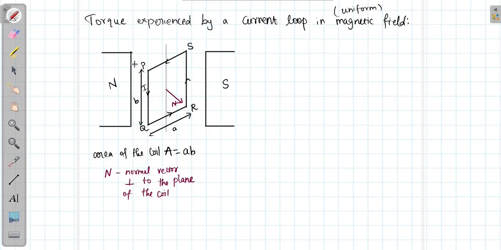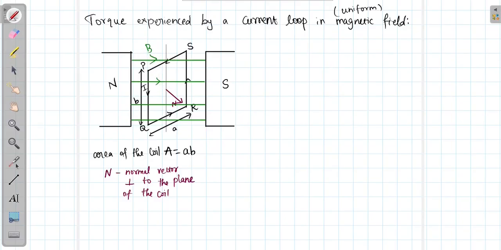The direction of magnetic field is along this horizontal axis. The green color represents the direction of magnetic field.